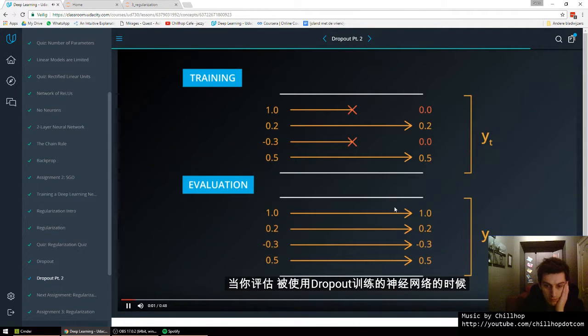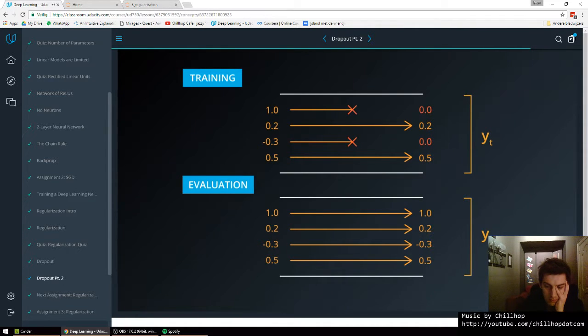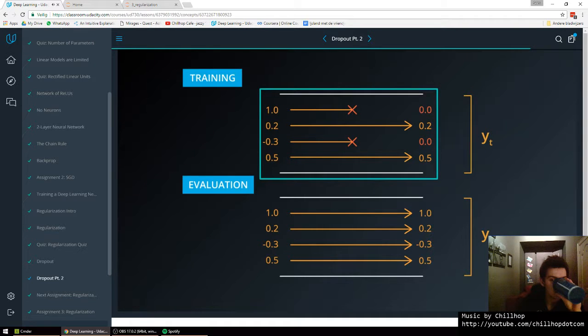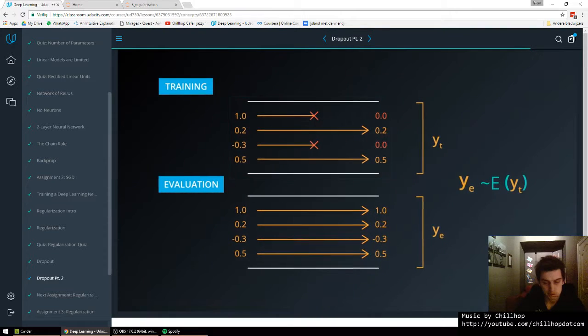When you evaluate a network that's been trained with Dropout, you obviously no longer want this randomness. You want something deterministic. Instead, you're going to want to take the consensus over these redundant models. You get the consensus opinion by averaging the activations. You want YE here to be the average of all the YTs that you got during training.